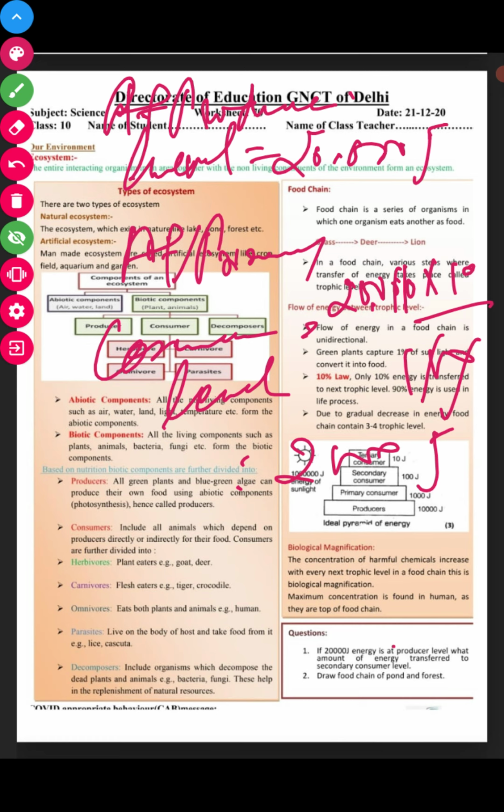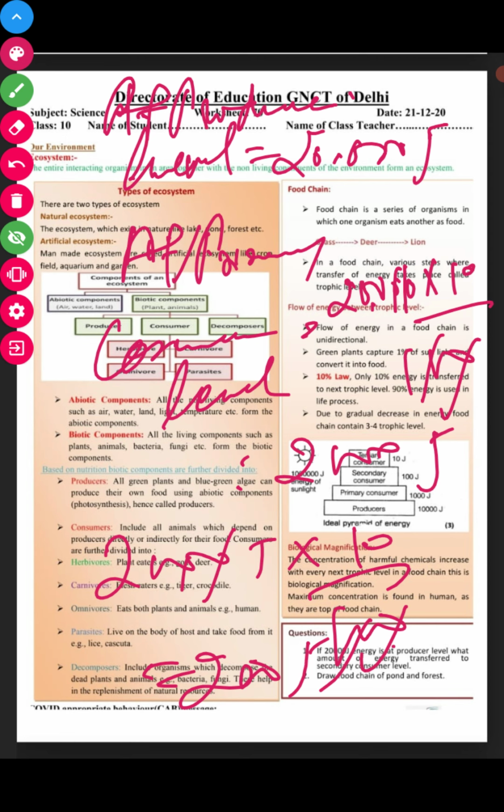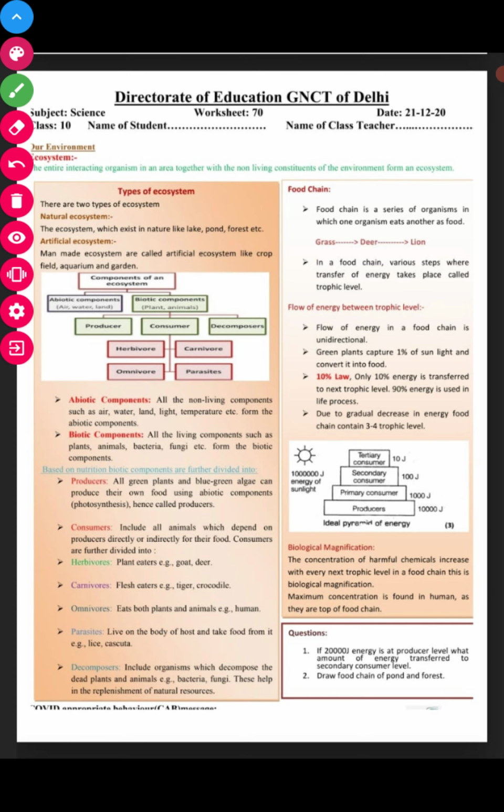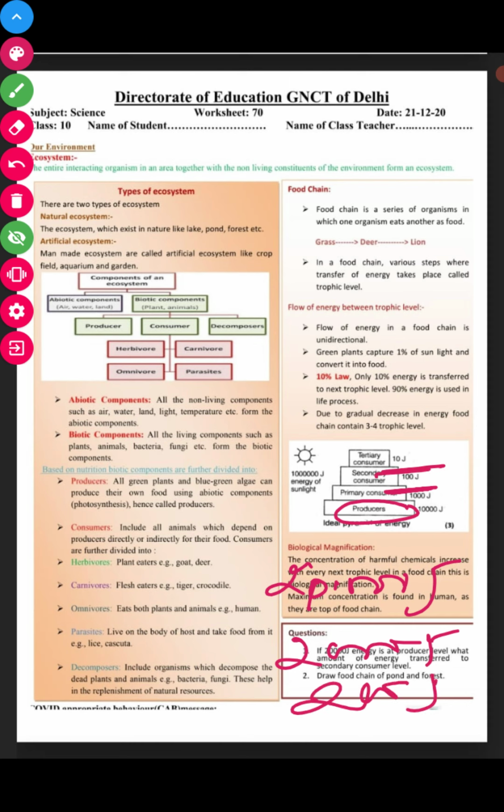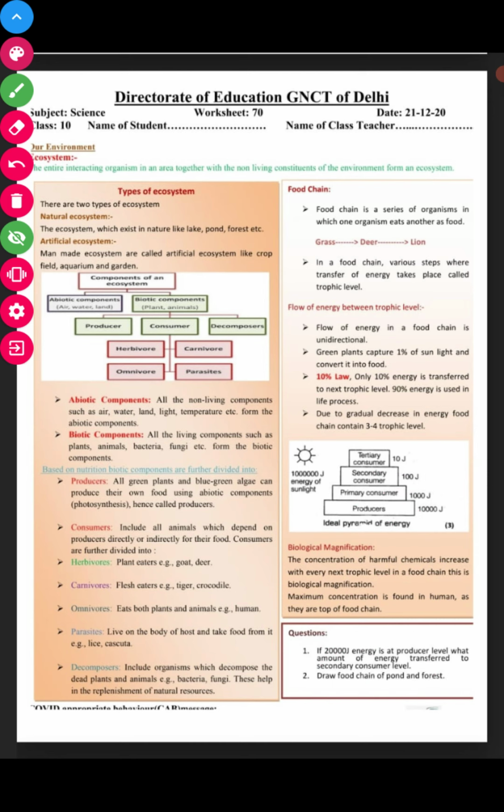In the next level, 10% of 2000 gives only 200 joule. So if the producer has 20,000 joule of energy, the primary consumer gets 2000 joule and the secondary consumer gets 200 joule, and likewise it decreases.